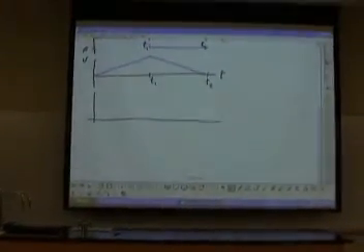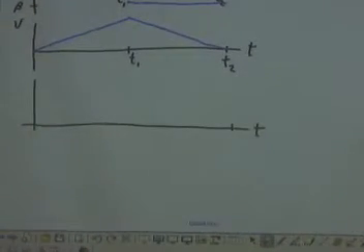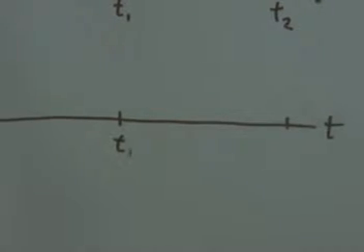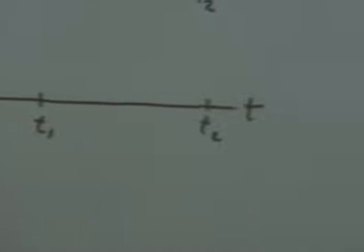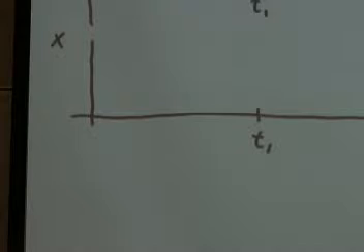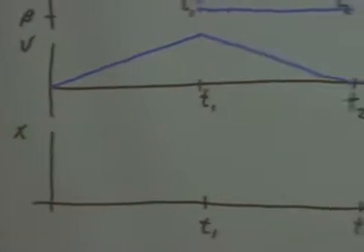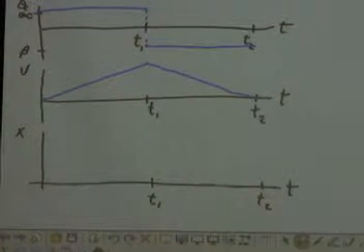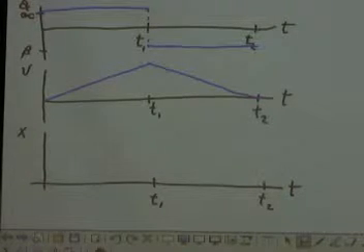Sticking with our time scale the same as before, t1 here, t2 here. And now we're going to have position, which I will use x for. We've chosen our axes so that our initial position is at 0. And for constant acceleration, we'll have a parabolic type curve.